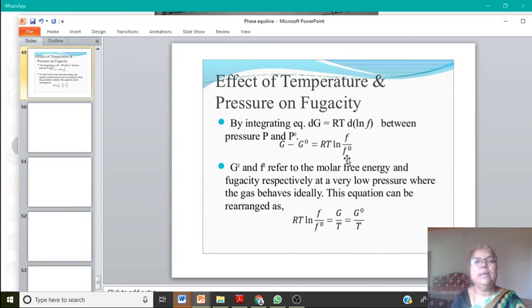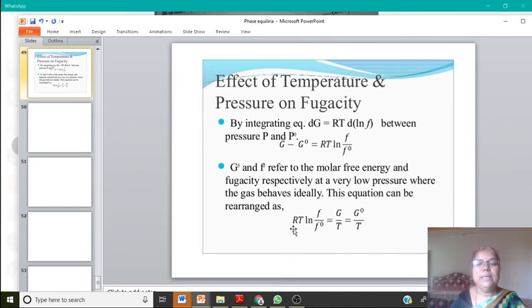It is a natural tendency of water molecules to escape from the liquid state and enter into the vapor state, and at the same time the vapor state water molecules escape and return back to the liquid state. That means you are very well familiar with the phenomenon of evaporation and condensation, and this escaping tendency of any substance is termed as fugacity.